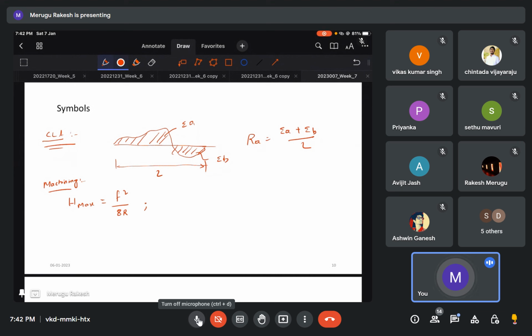There is one more formula related to the geometry of the tool. Remember? In terms of the side cutting edge angle and end cutting edge angle.